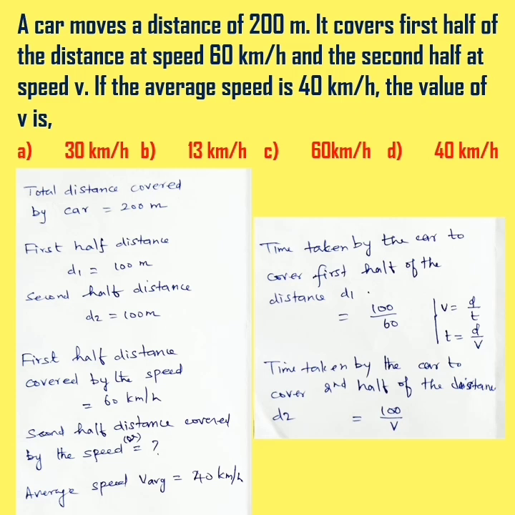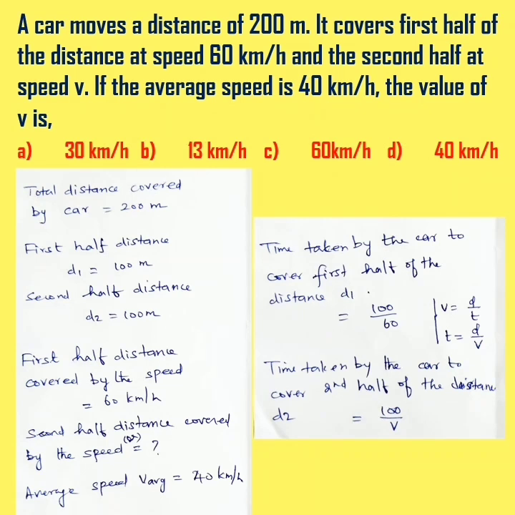The second half distance is covered at what speed, we don't know. The average speed is given: the average speed of the car to cover 200 meter is 40 km per hour. So these are the data given in the problem. Now we will solve the problem.